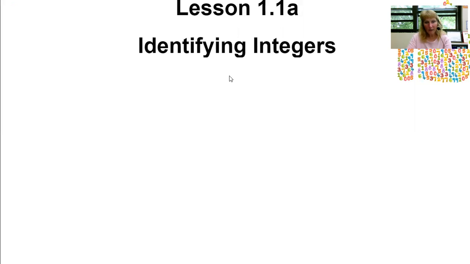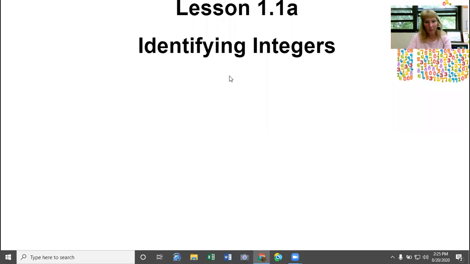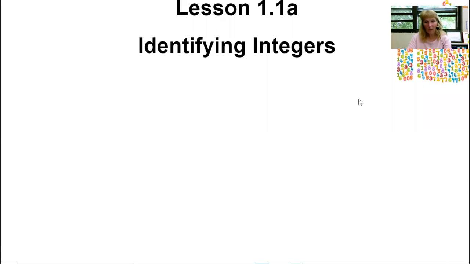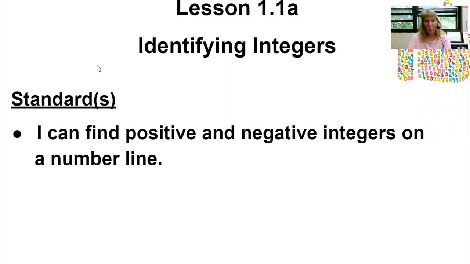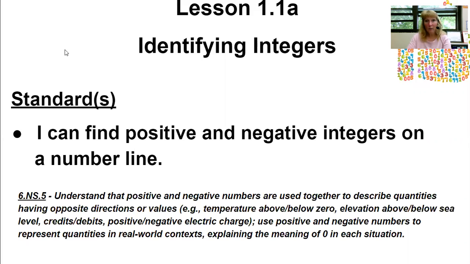This is going to be lesson 1.1a, identifying integers. And I want to get my spotlight. Okay. So our standards that we're going to be covering are: I can find positive and negative integers on a number line. And the full standard is written there below you.